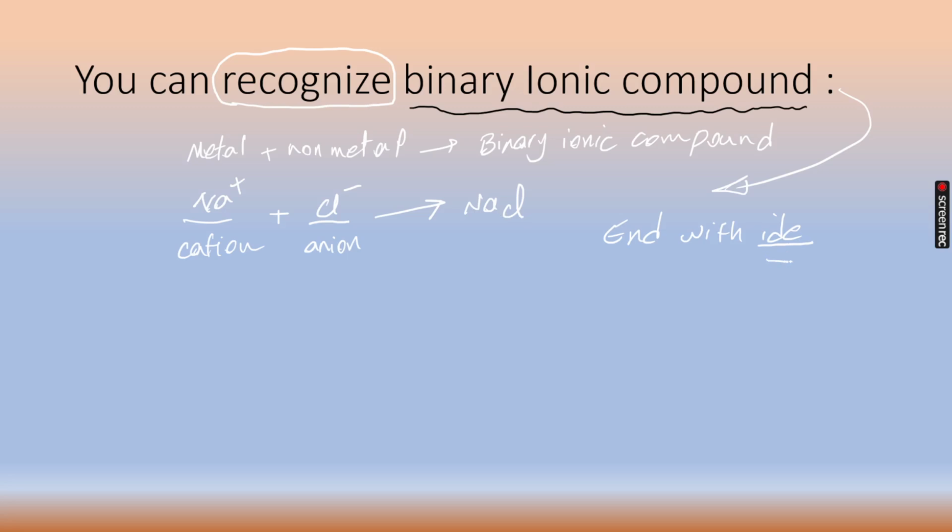So when you hear ide, it's a binary ionic compound. For example, this is sodium chloride. Look, ide. So when you hear ide at the end, it's a binary ionic compound. So you can recognize it very fast, and it's easy.